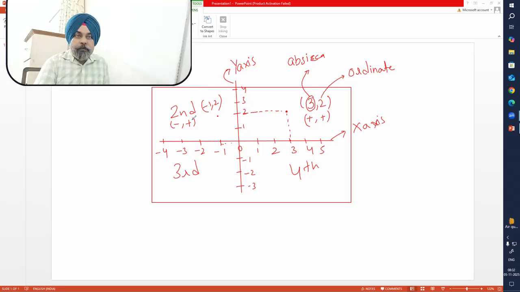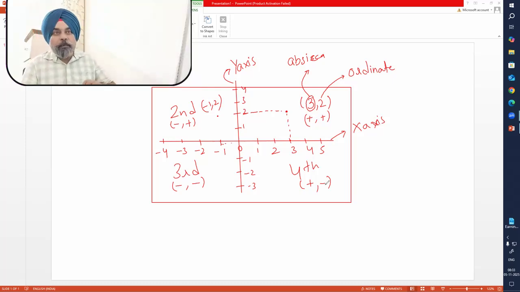And in the fourth, it will be positive for the x-axis and negative for the y-axis. This is how we divide a plane into four parts: first quadrant, second quadrant, third quadrant, and fourth quadrant.